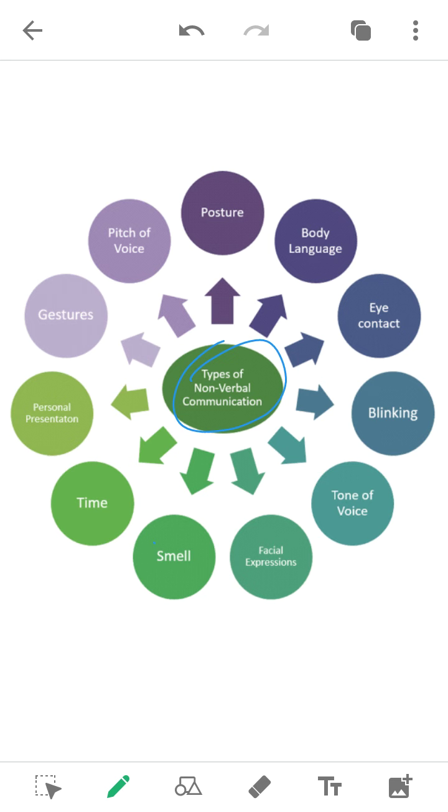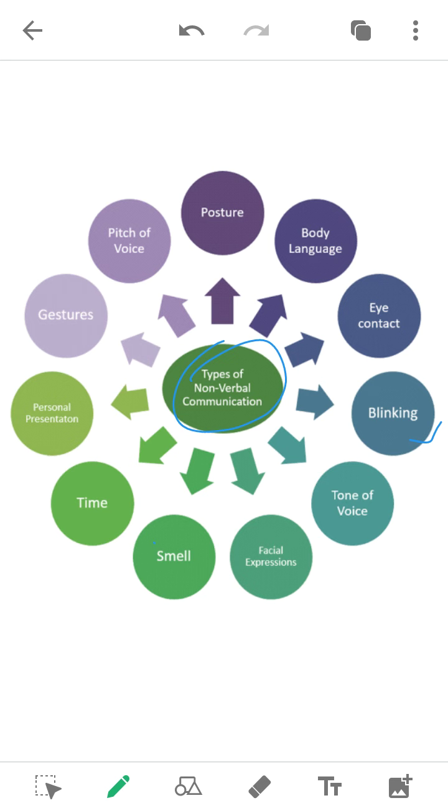Body language, eye contact, blinking. Blinking means shutting and opening the eyes quickly. Tone of voice, facial expression, smell, time, and personal presentation. Gesture means a movement of parts of the body.